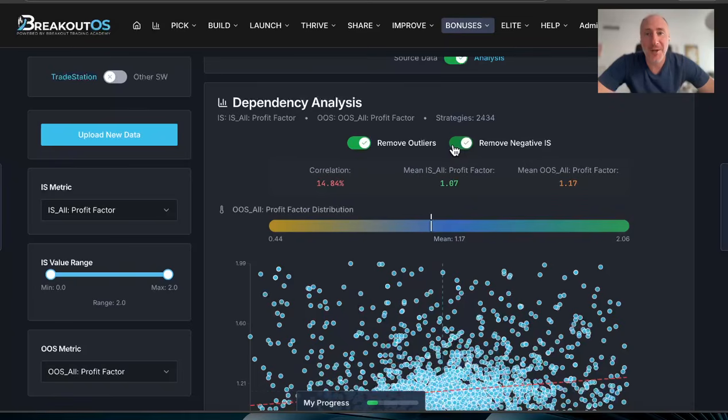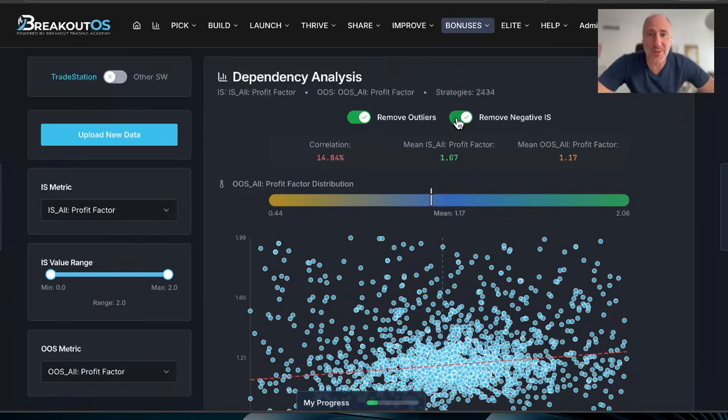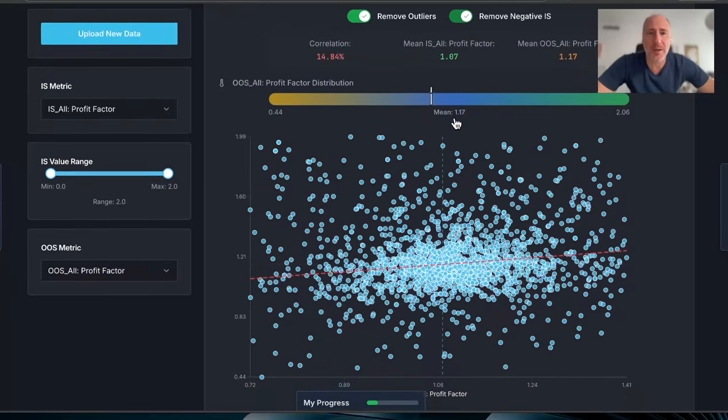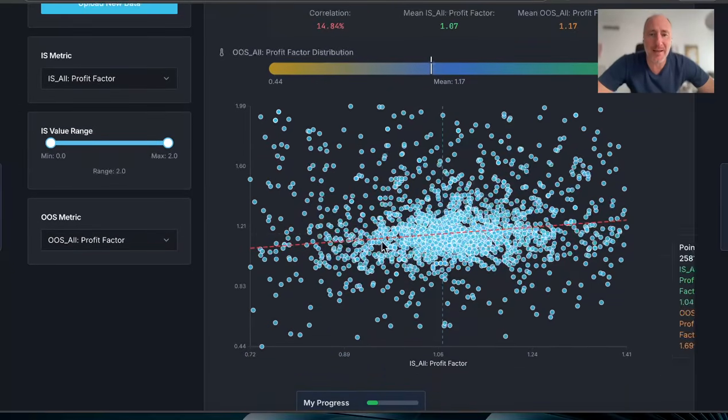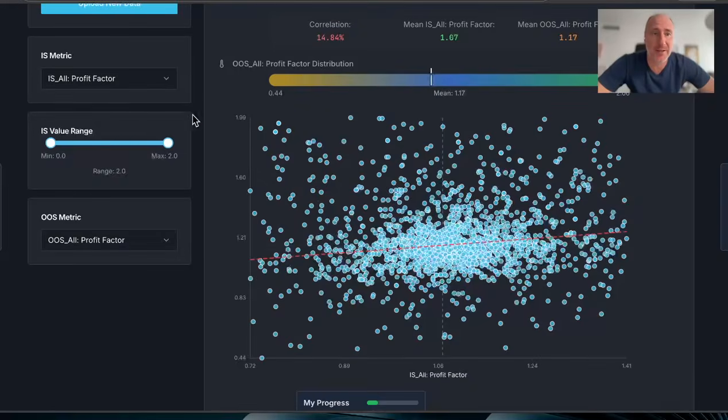There's no point in deploying losing strategies. So we also remove negative in-sample data. And what we're left with is a very important picture where we can see how a specific in-sample metric is affecting out of sample. Now, this might look a little bit weird. Stay with me, please, because this is the essence of the entire study.